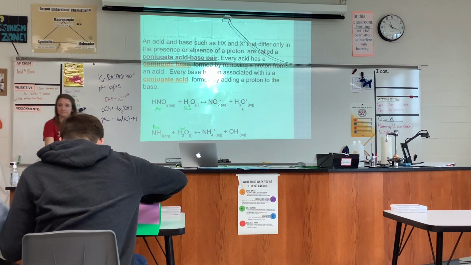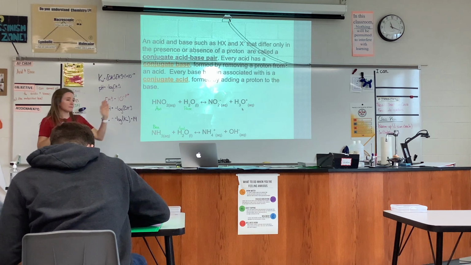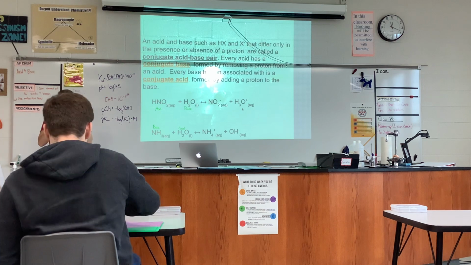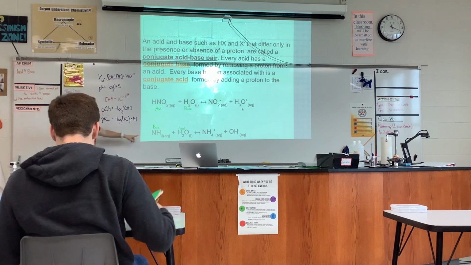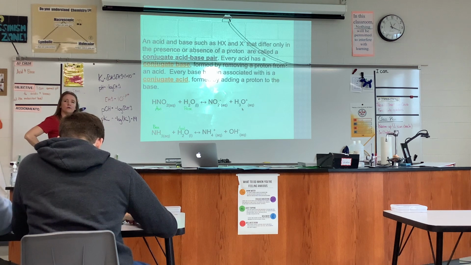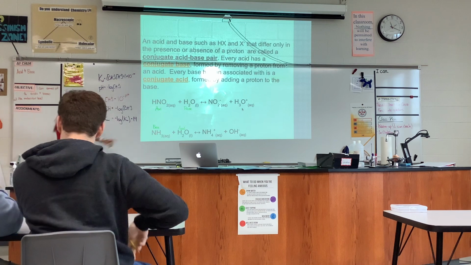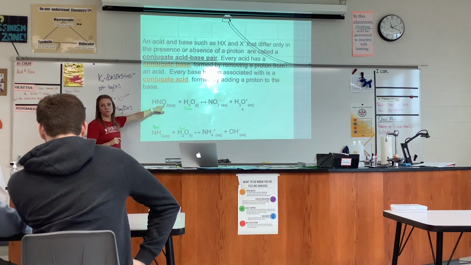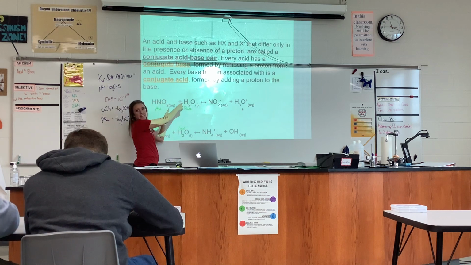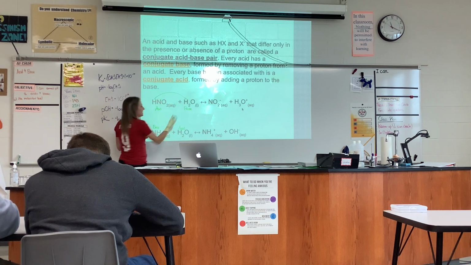Is the base just always a little bit more on the other side? No, focus on the movement of the H. This started as HNO2, but on this side the H is now gone, and we see that it was taken, so being able to draw the arrow of where the H goes.